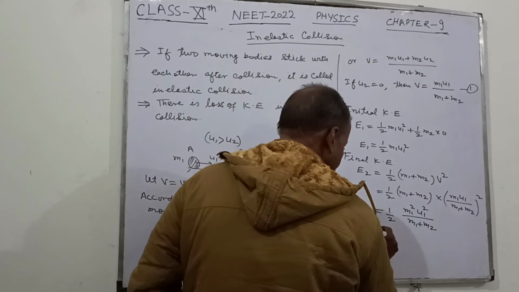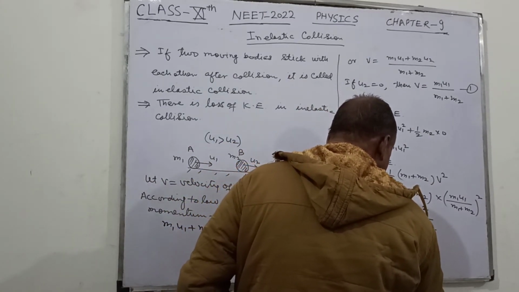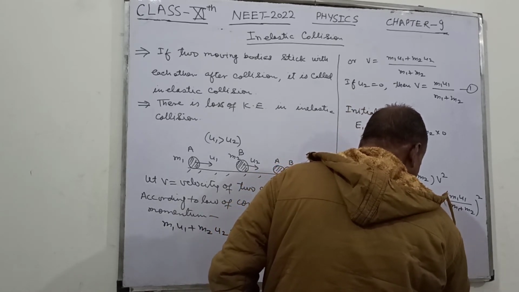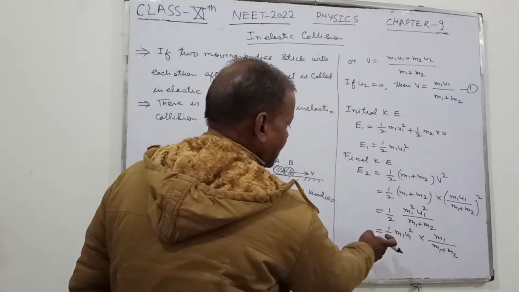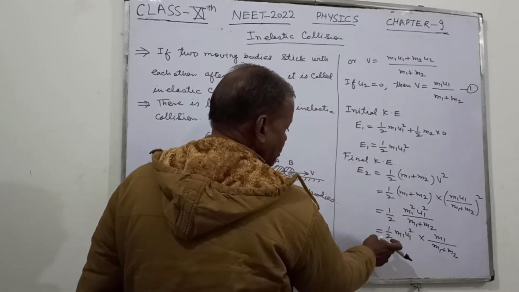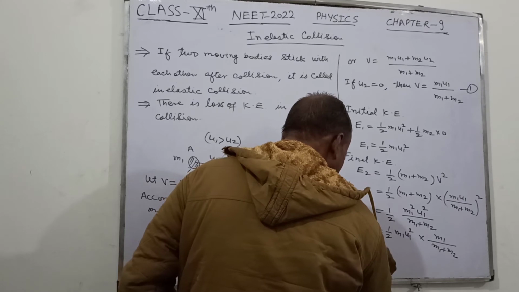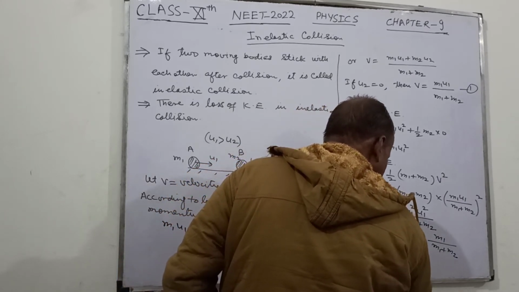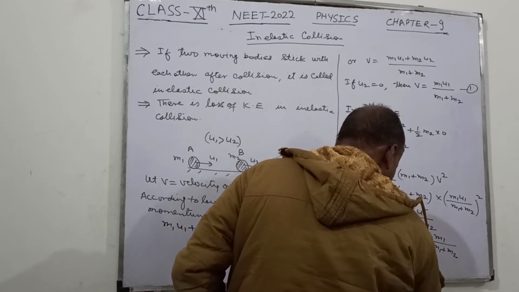So we can write it as half m1 u1 square into m1 upon m1 plus m2, and half m1 u1 square is E1. So E2 is equal to E1 into m1 upon m1 plus m2.